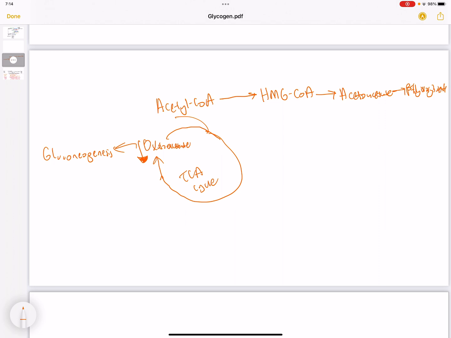These are all ketone bodies. So because we have an increase in gluconeogenesis, we will have a decrease in oxaloacetate, and because oxaloacetate is needed for acetyl-CoA to enter the citric acid cycle, the acetyl-CoA is then going to shift to produce ketone bodies instead.